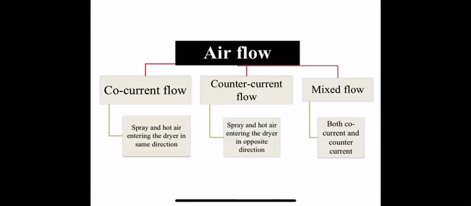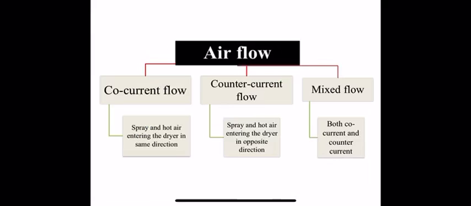As I told you, the flow of the air can be co-current flow, counter-current flow, or mixed flow. In co-current, spray and hot air enter in the same direction, and in counter-current, spray and hot air enter in opposite directions.